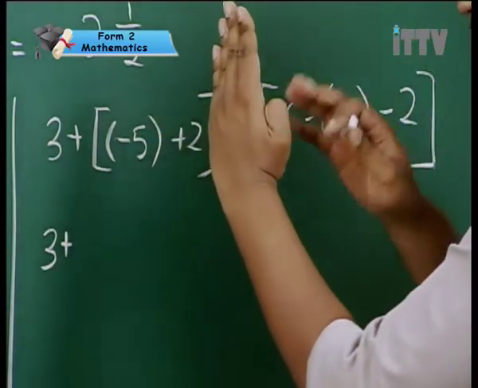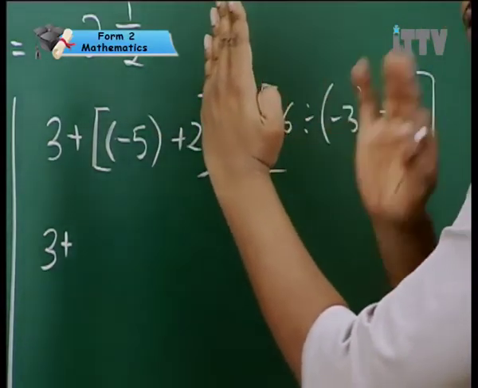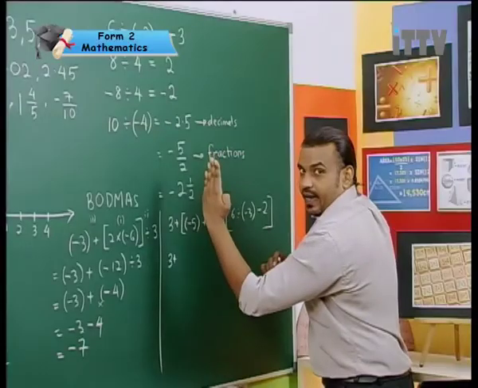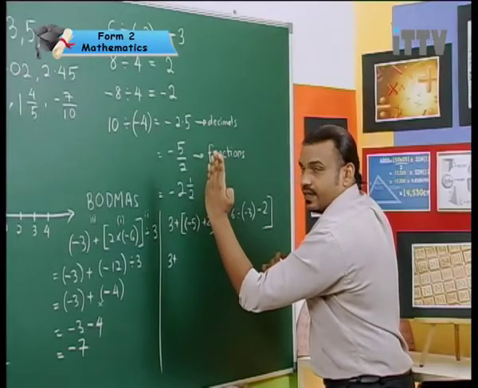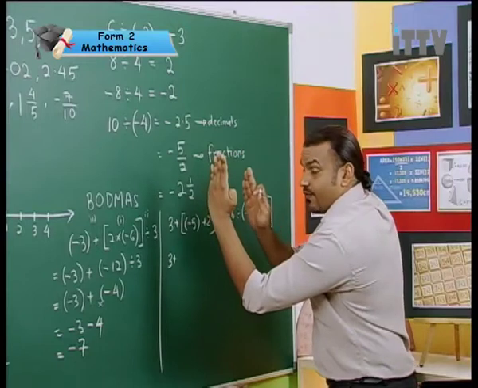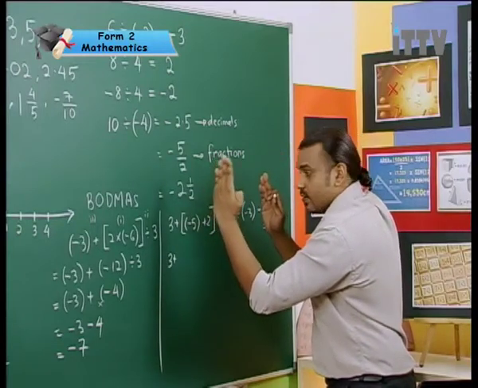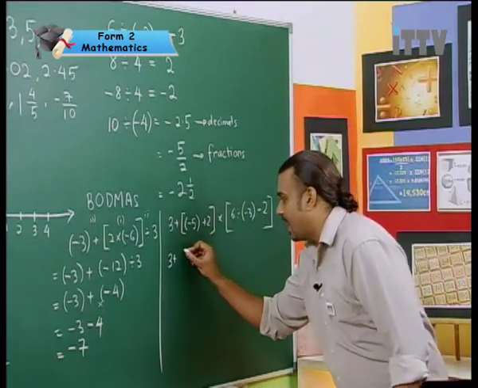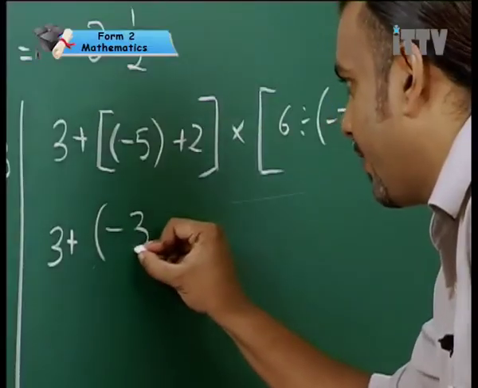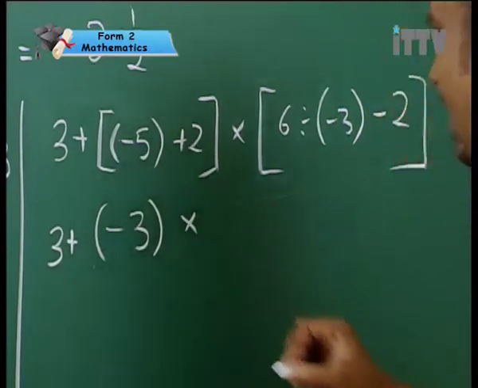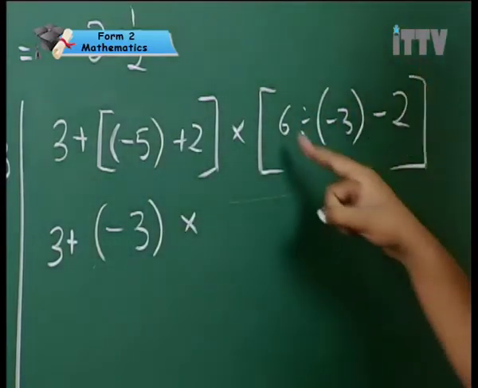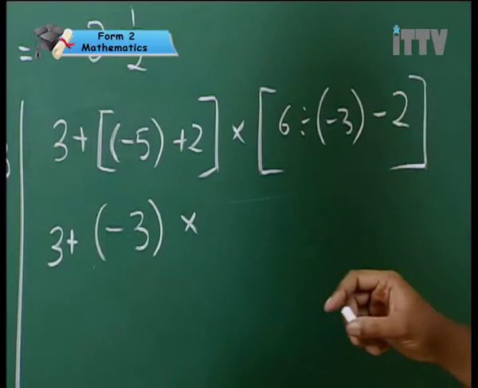I should move to the right. How many steps to the right? 2 steps. So if I'm at negative 5, let's imagine this together. Negative 5, alright? Negative 4, negative 3. You cool with that? Good. So 3 plus negative 3 multiplied by, let's complete this box bracket now first.